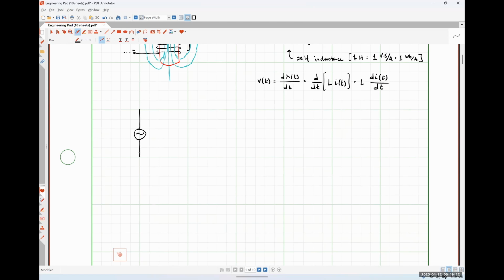I've got some sort of AC excitation, okay? I'm not explicitly saying whether this is a voltage source or a current source because it is literally unimportant. And connected to this, I'm going to have a coil, something like this. Okay.